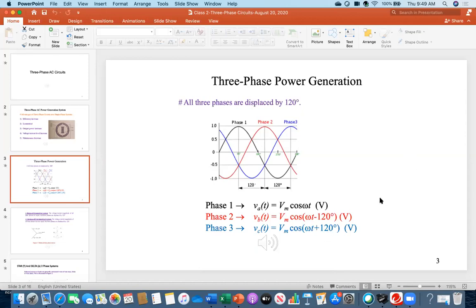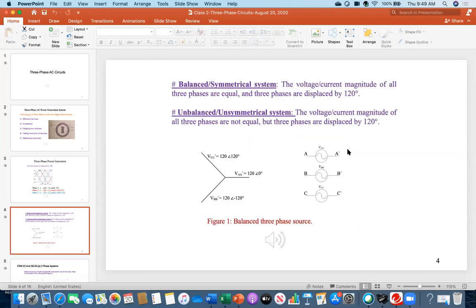I mean, if you go clockwise, minus 240, but anti-clockwise, plus 120. So it is easy to remember that B phase is minus 120, but C phase is plus 120.